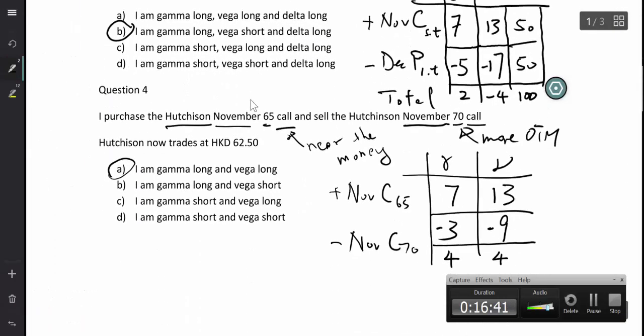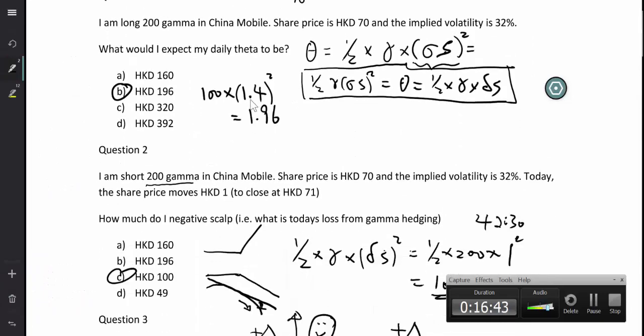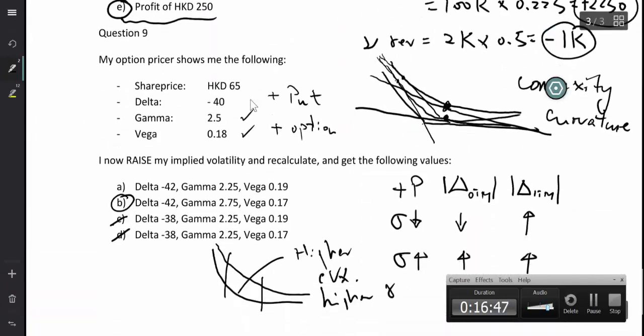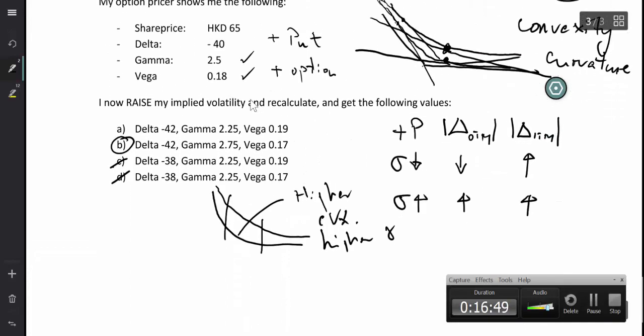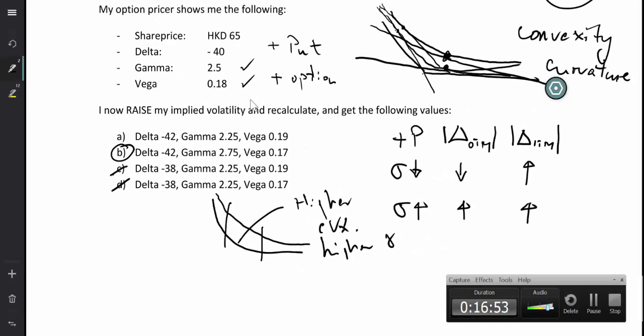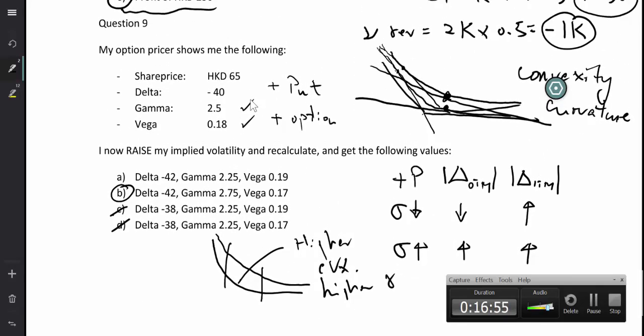I think it is this one. So this is our question set 2. Okay, here we are. So question set 2, question number 9. And you have option pricer showing you the following. So the share price right now is 65.